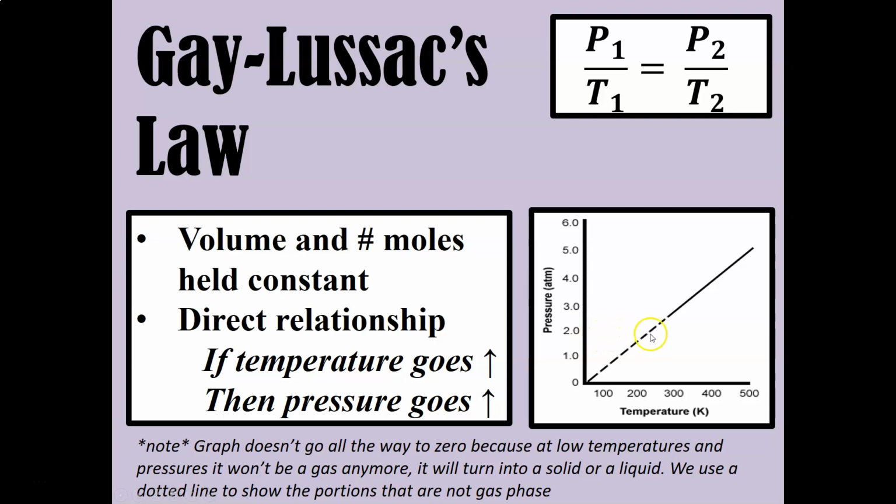And we're at this temperature. Instead of being a gas, it's going to be a liquid, or maybe it'll be a solid, right? And so at some point, we kind of add a dotted line here because it's not really a gas law anymore, is it? If it's not in the gas phase. So because of that temperature portion there, we do end up tending to draw a dotted line here.